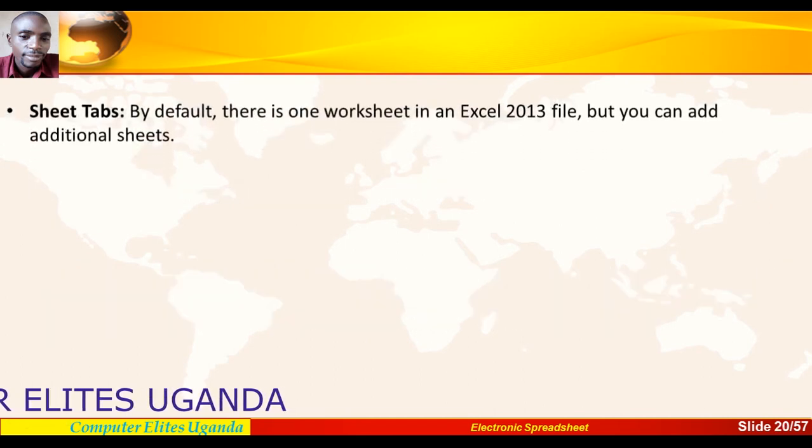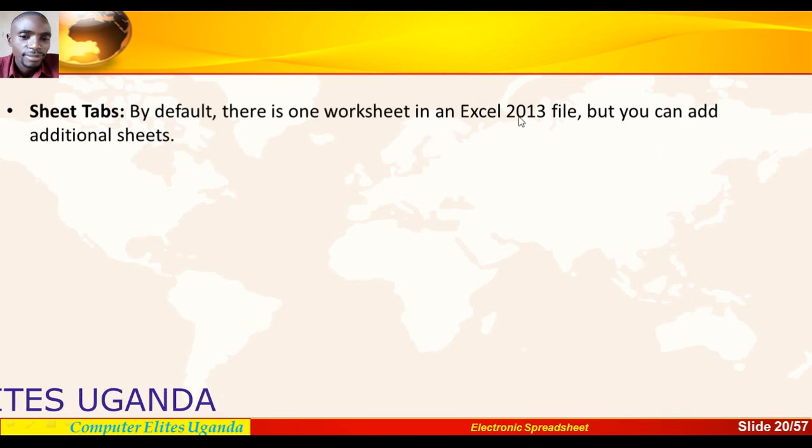Then another one is the sheet tabs. These ones we have already identified, and it is in these sheet tabs where you can enter your data. When you look at versions like 2007 and 2010, the sheet tabs by default are displayed as 3 sheets.